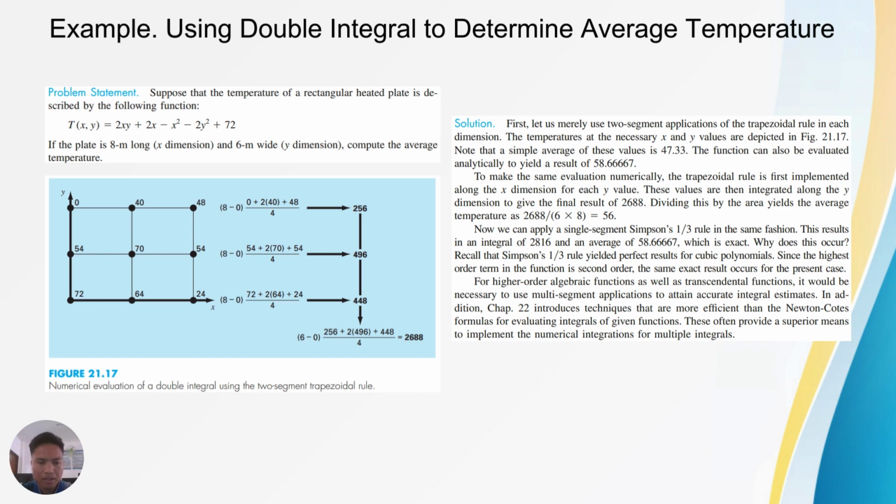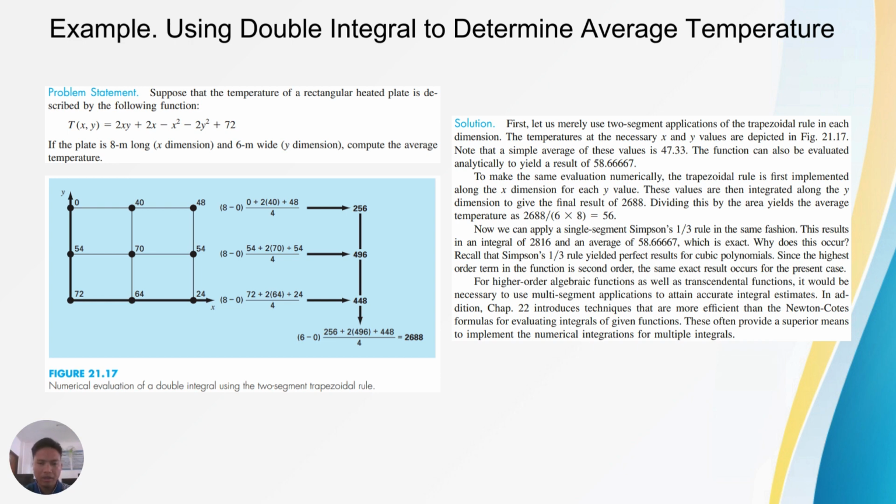So 0 plus 40 plus 48. Take note that this is the trapezoidal rule, meaning that in the middle we assume 2 points with the same value.